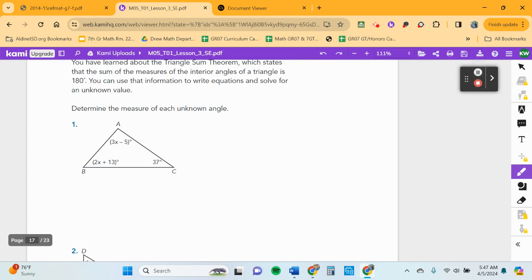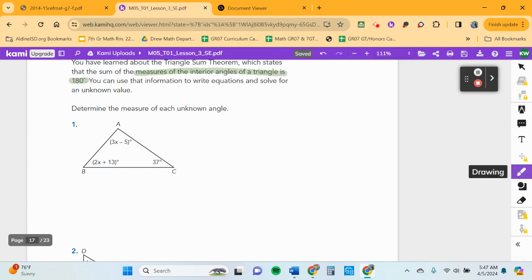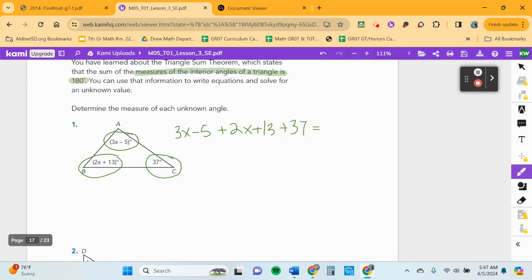Alrighty, we're getting started. So, as we know, in a triangle, the measure of the interior angles is 180 degrees total. So, I know that this angle A, 3x minus 5, plus angle B, 2x plus 13, plus angle C, 37, should be equal to 180 degrees.